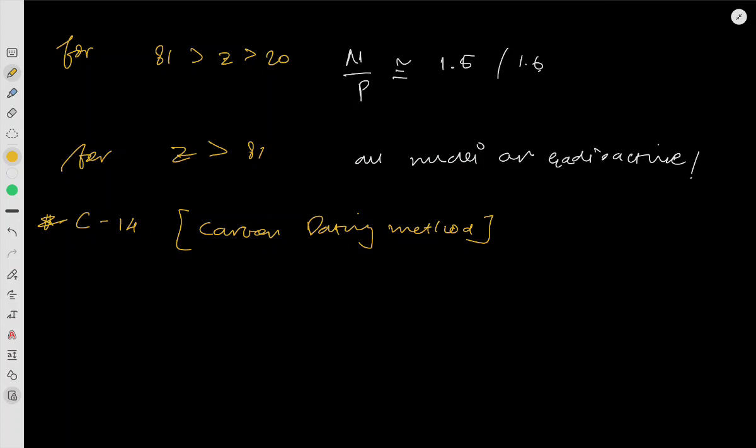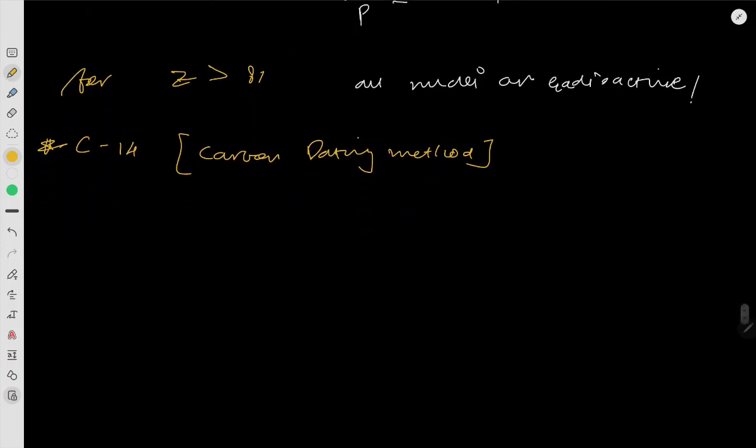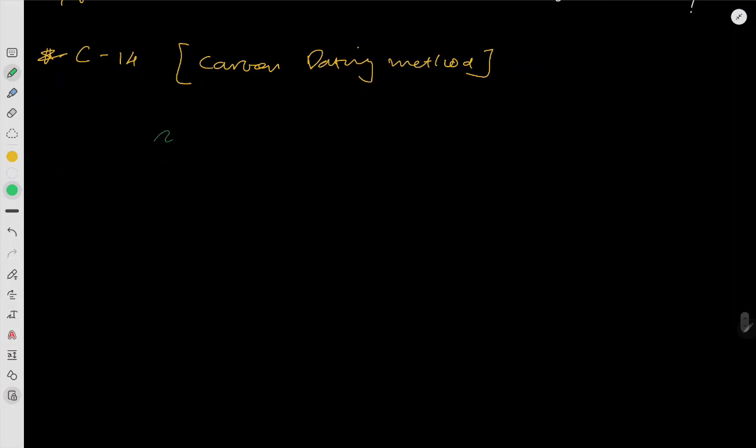So let us take an example of an element that I can explain, uranium. Okay, let us do something. I'll explain it visually.